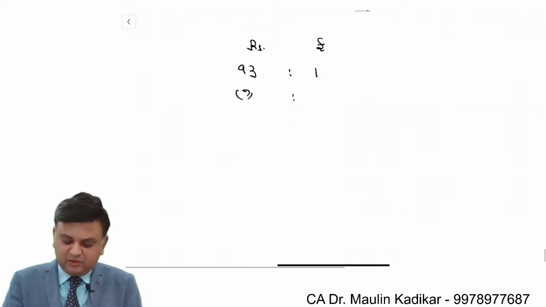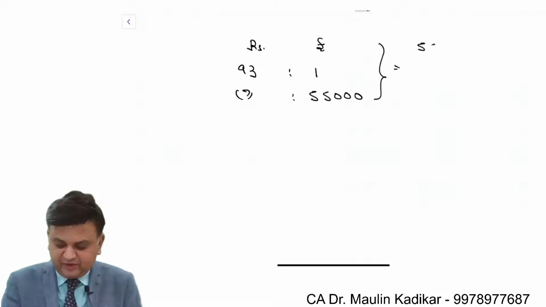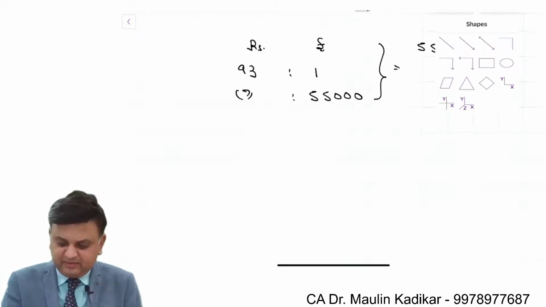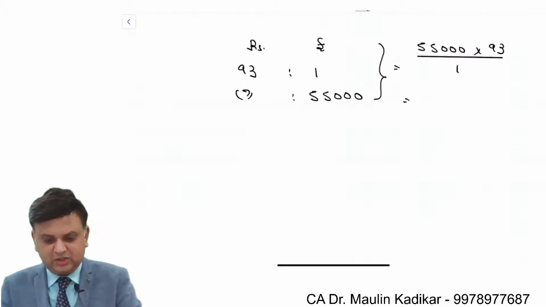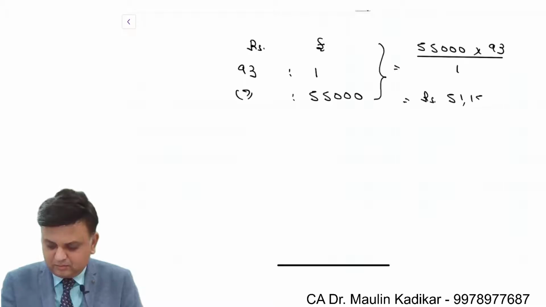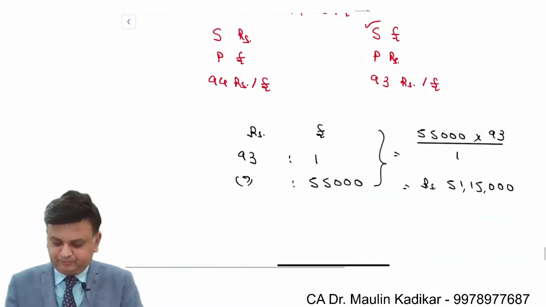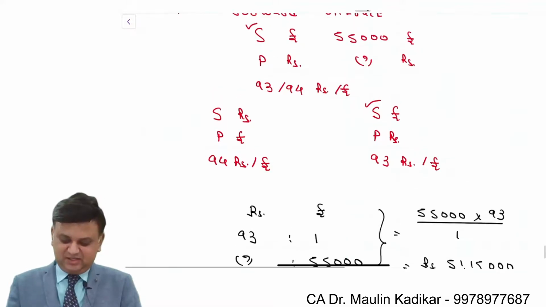How much amount of rupees for 55,000 pound? So 55,000 into 93 divided by 1. So the answer is 51,15,000.